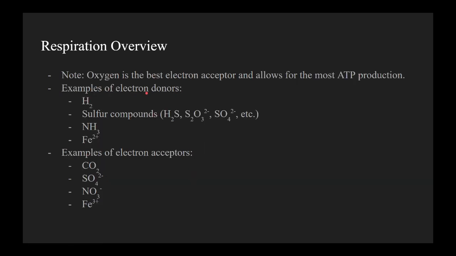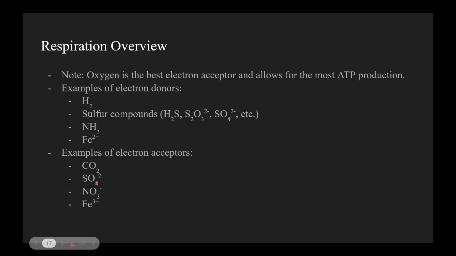For example, we can say an organism is a sulfur compound oxidizer, which means it extracts electrons from sulfur compounds and uses them for respiration. You can also say it's an iron 2 plus oxidizer, which means that it uses iron 2 plus for electrons.